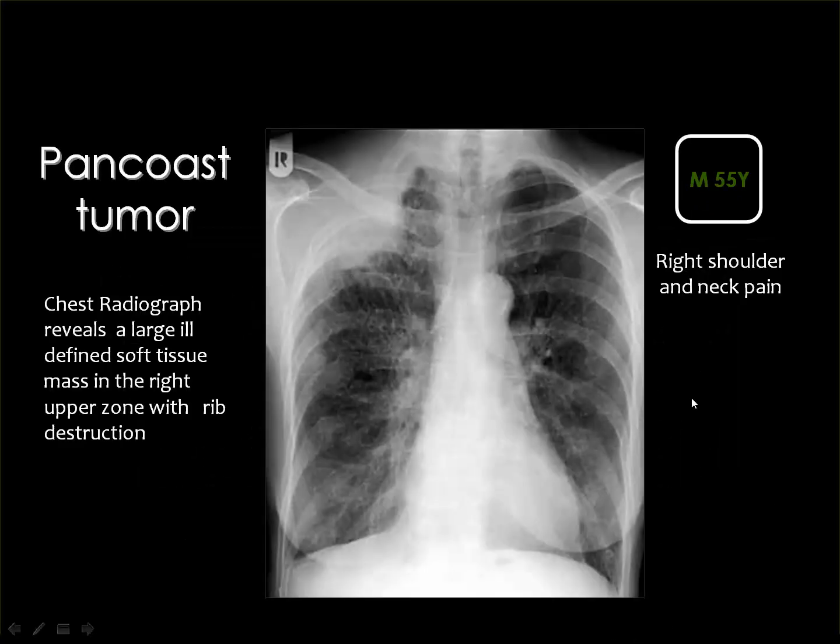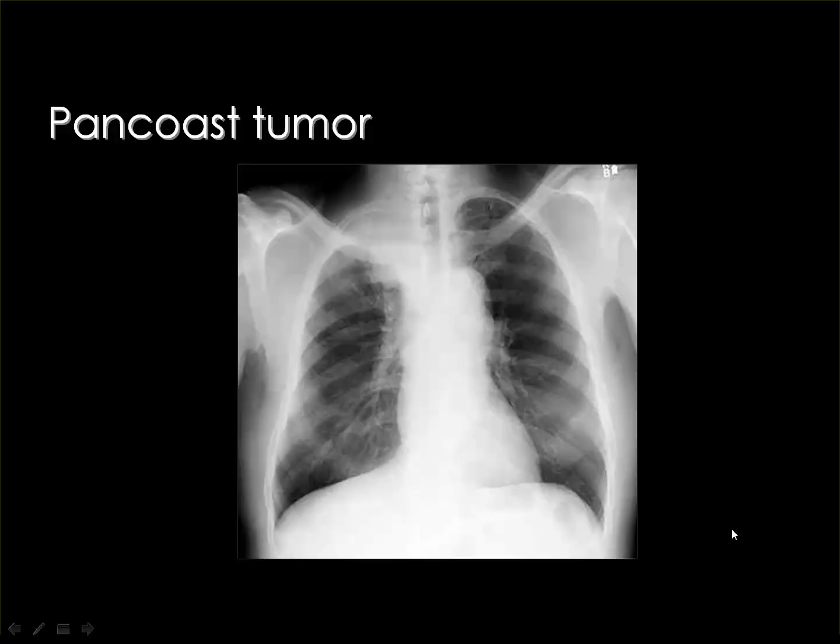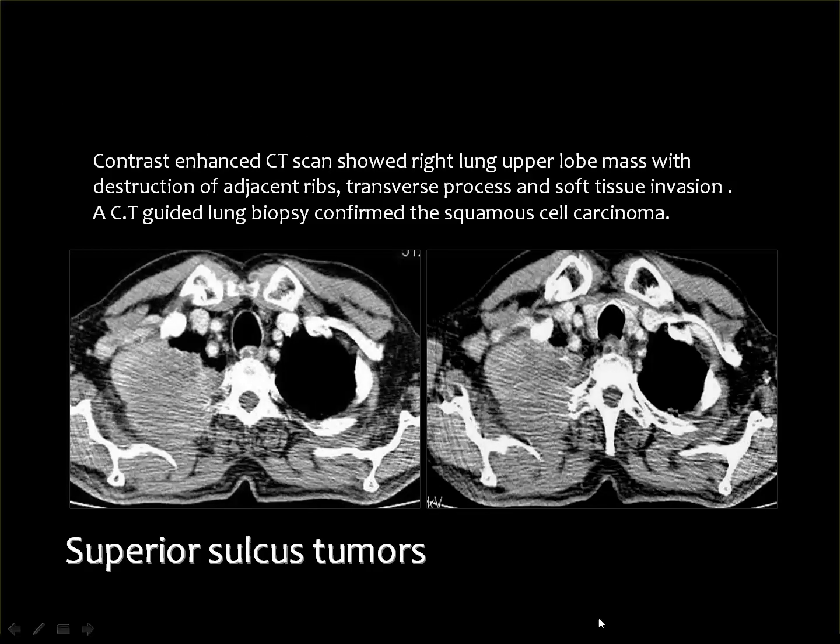One of the tumors for which it is very important to have an MRI is the Pancoast tumor, or the superior sulcus tumor. And this tumor is easily diagnosed from the plain film by the presence of an apical mass associated with some destruction of the related ribs, and is also diagnosed easily by CT scan by the same criteria.